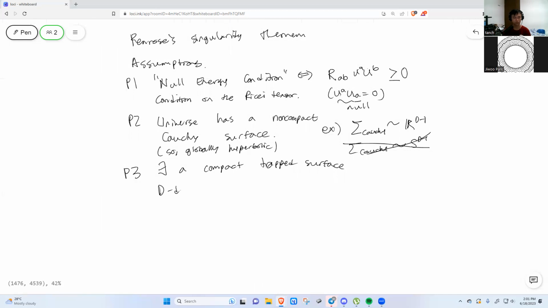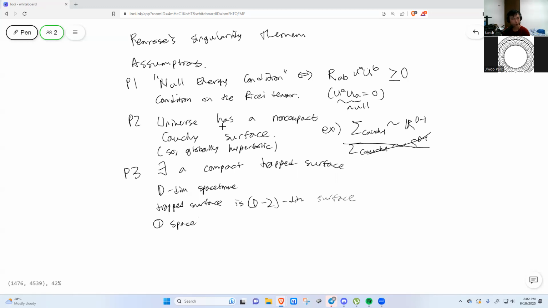If you have a d-dimensional spacetime, a trapped surface is a (d minus 2)-dimensional surface that is defined as follows.